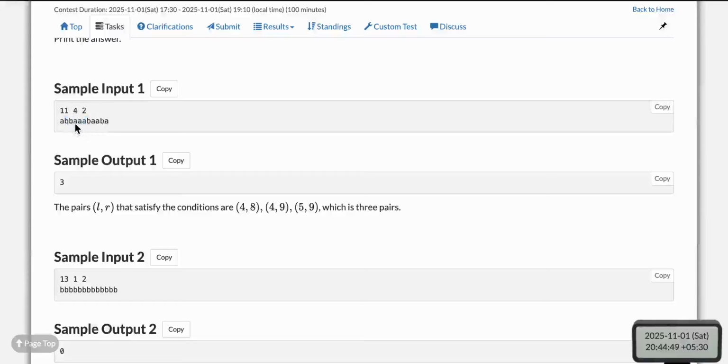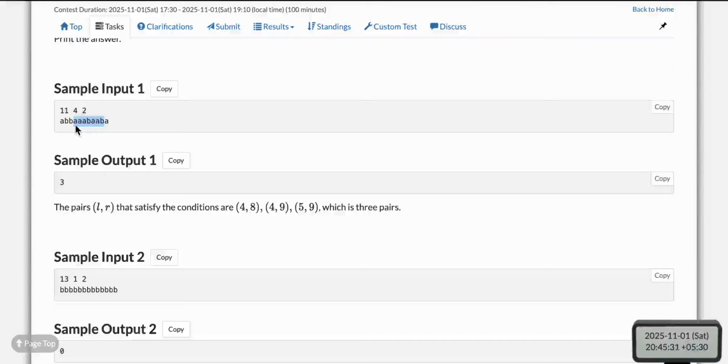But what was the problem in this approach? Suppose we are starting our window from here, and we got this valid window, so we increment our answer by 1. Now when I increase this window, it is also valid, and I increment my answer. But when I increase this window again, it becomes invalid because we have two b's, and the count must be less than 2.